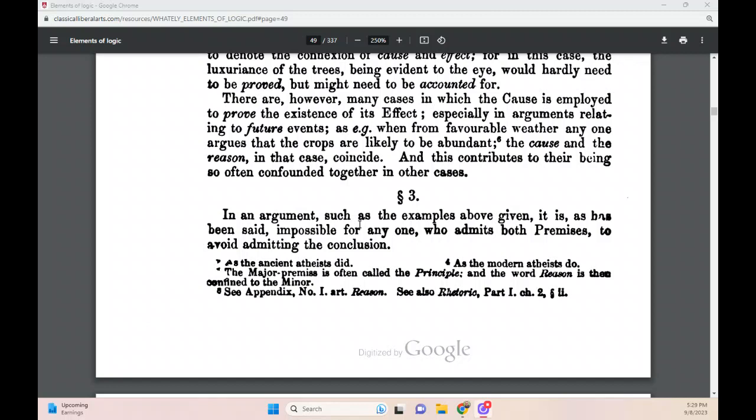So let's make our first reading together of Chapter 3, or Lesson 3 in Classical Logic.